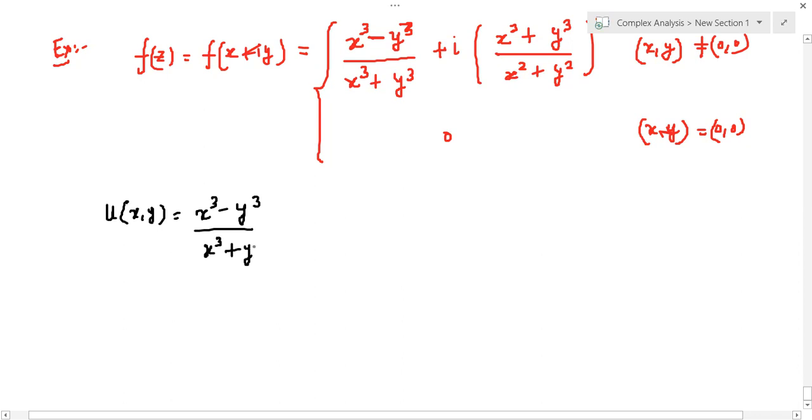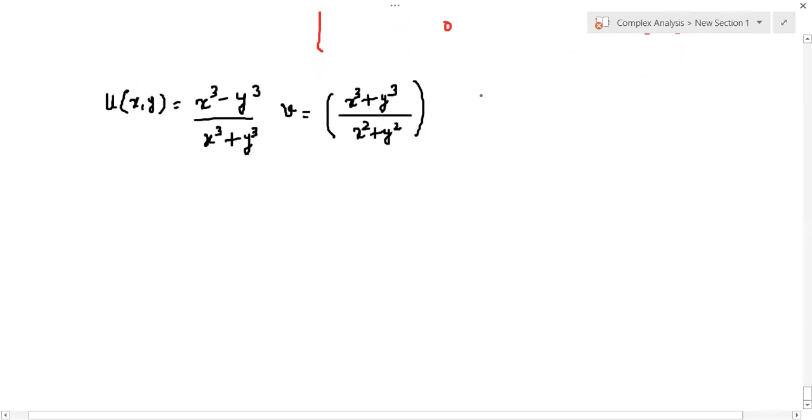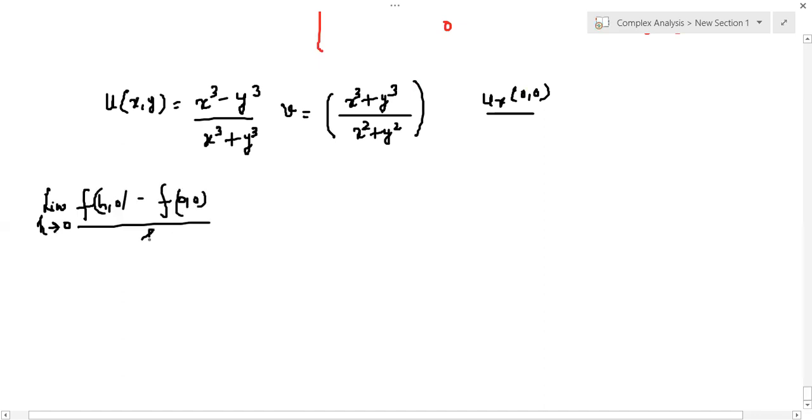So let us find the validity of the Cauchy Riemann conditions at 0, 0. First let us find u x at 0, 0, which is the limit as h tends to 0 of f of h, 0 minus f of 0, 0 divided by h. We already know that f of 0, 0 is 0, so not a problem.